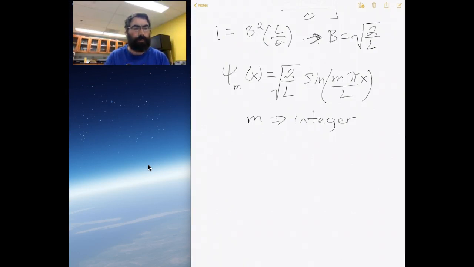And so what I can do is take a state defined as the M space, which is related to what we have up here.